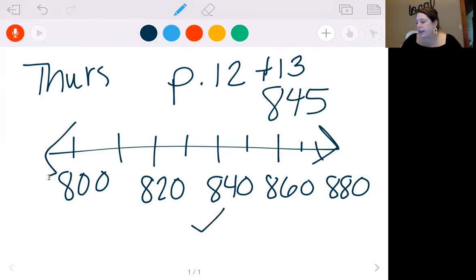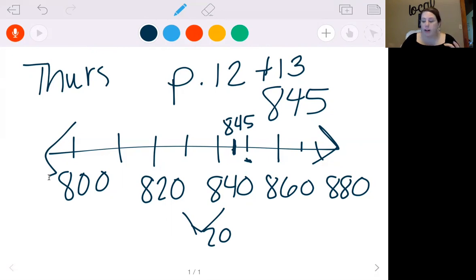The interval here is 20. You're counting by 20s. In between is a 10. So if we look at 840, this one right here is 850. So if we look right in between that, we'll have 845. So we know that 845 is right between 840 and 850.